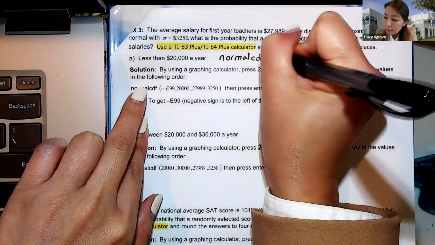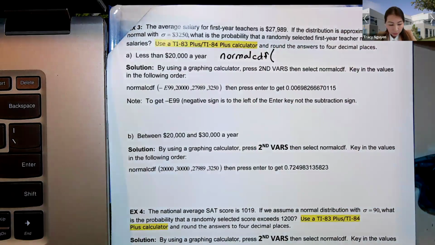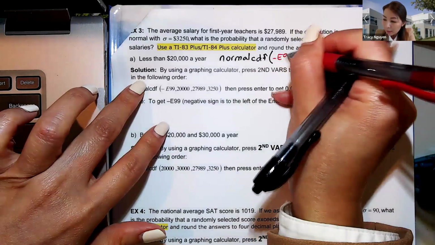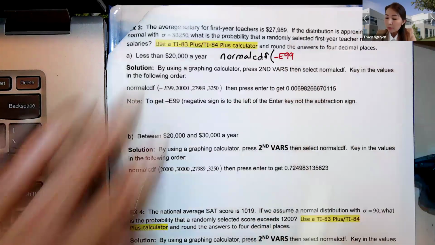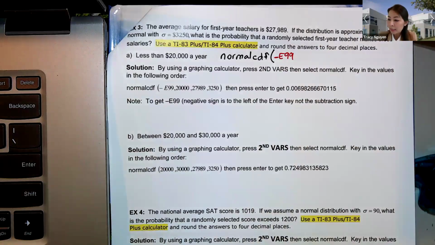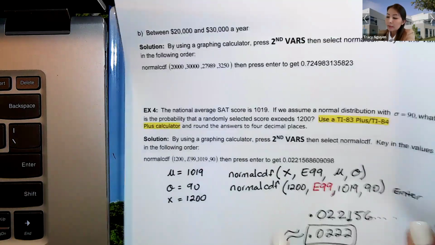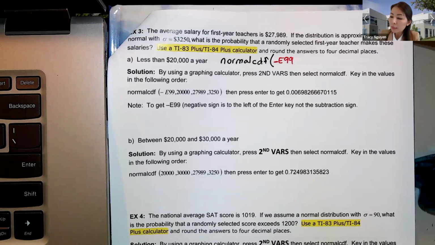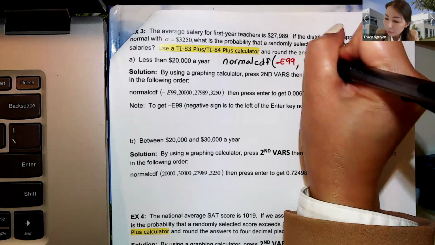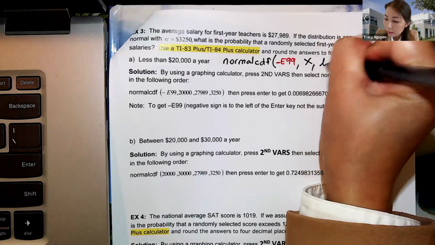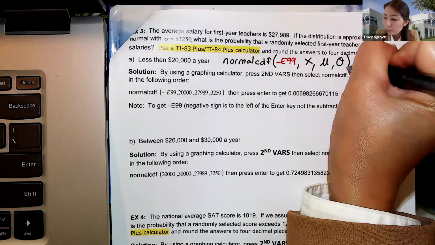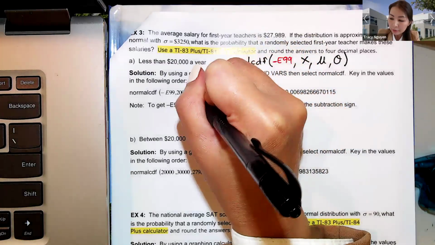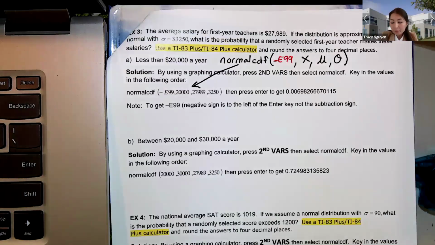Normal CDF, and we do negative E99. For greater than, you do positive E99, and you do the X value first before the E99. Here you do negative E99, then X, comma mu, comma sigma, which we apply to our problem, and I have it down here for you.